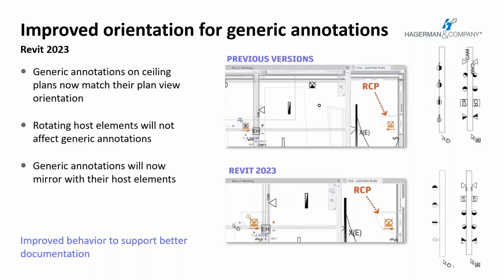Similarly, generic annotations would previously change orientation when their host walls or vertical surfaces were rotated, but now rotating the host element will not affect these annotations. Finally, when elements were mirrored on a wall or vertical surface, the annotation orientations would not change. In 23, generic annotations will mirror to match their host elements.